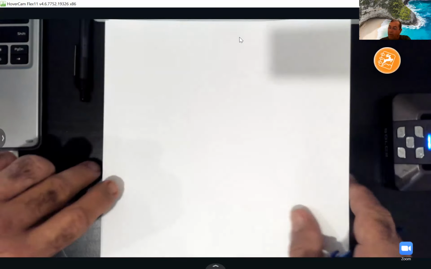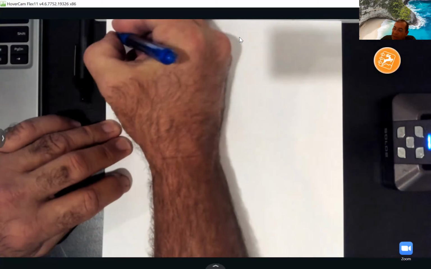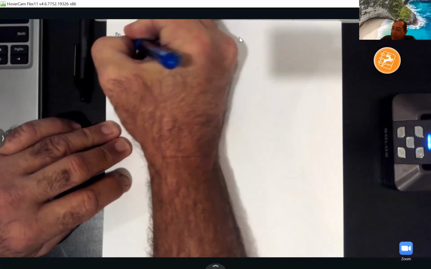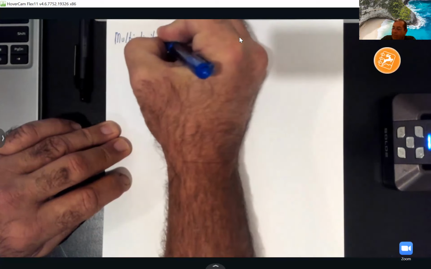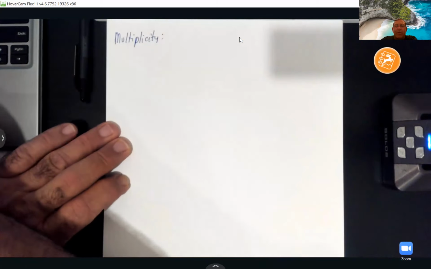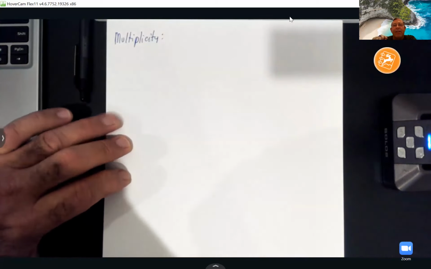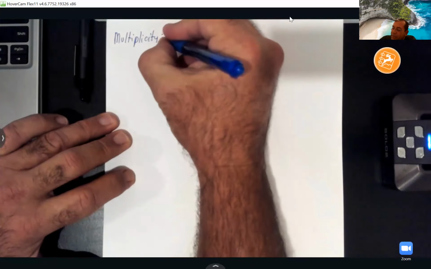So before we continue on, we're going to learn some new words. Well, one new word. And this word is multiplicity. So y'all, the multiplicity, that's the number of times that a 0 occurs.